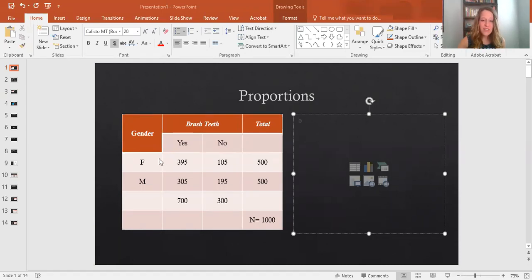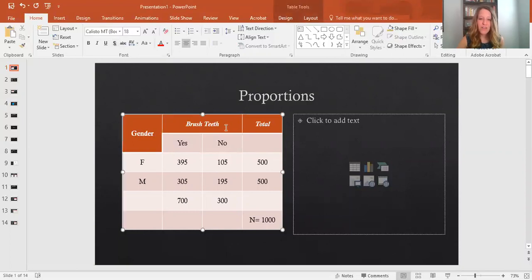So for gender, I have females and I have males. And for brush teeth, I have yes, the person reported that they brushed their teeth daily, and no, they said that they didn't brush their teeth daily. We can look at our data for this particular table. Our data is represented here in the middle.